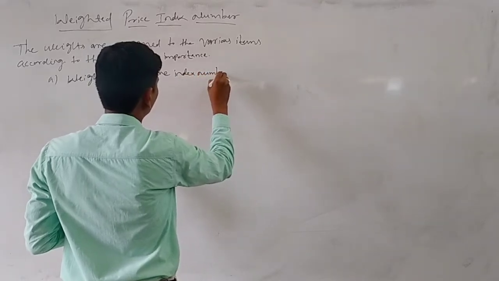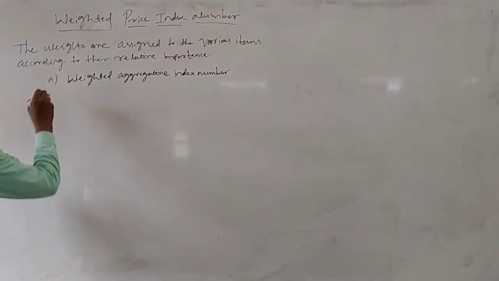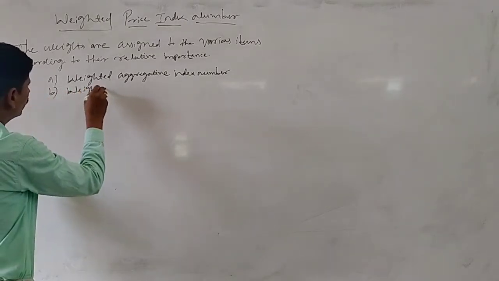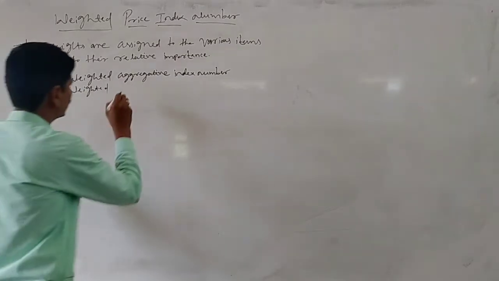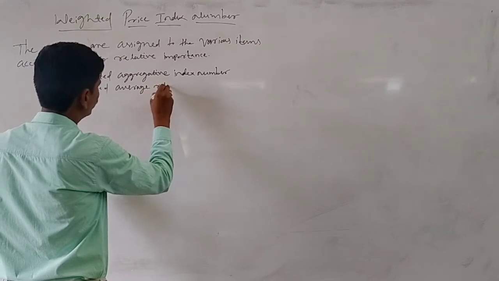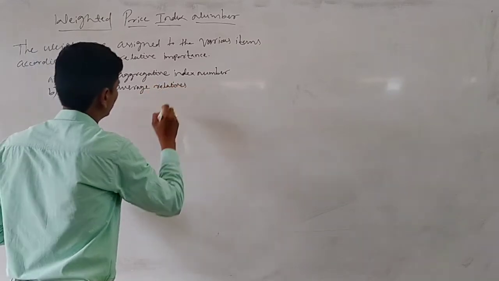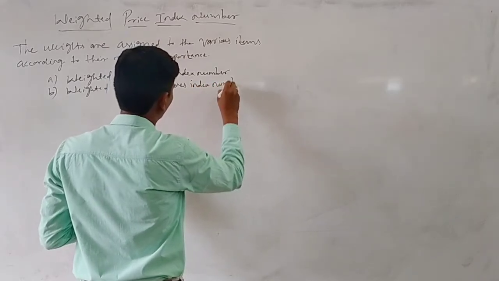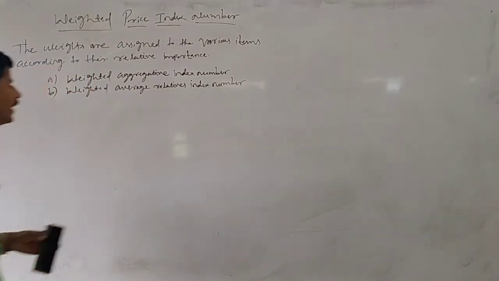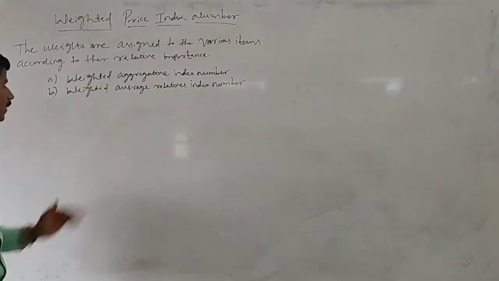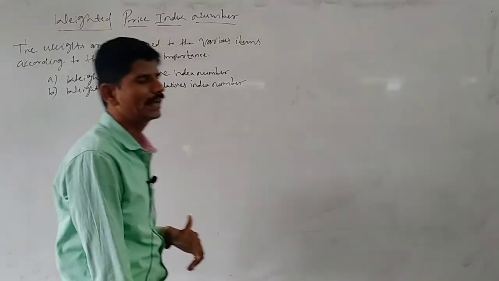The second one is the weighted average of relatives index number. So there are two types: the weighted aggregative index number and the weighted average of relatives index number.